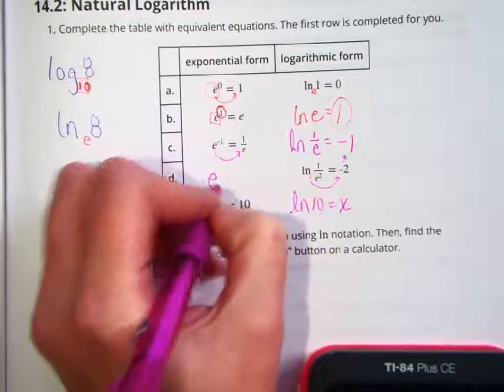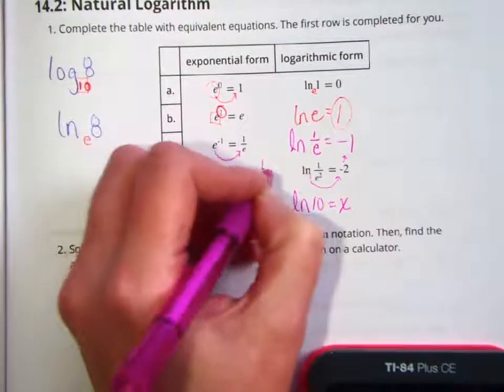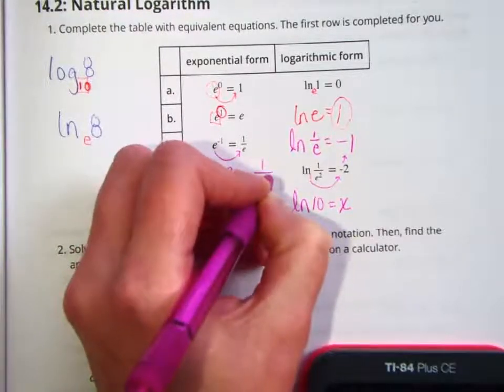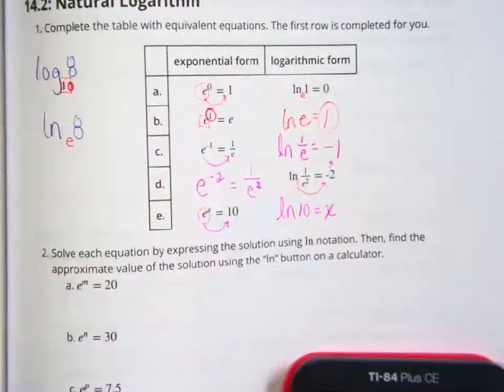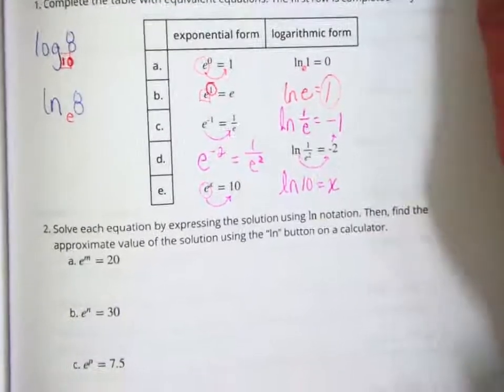So we have E to the negative 2 equals 1 over E squared. So natural log works the exact same way as basic log, base 10. We can rewrite them back and forth with no challenges and do an A-OK.